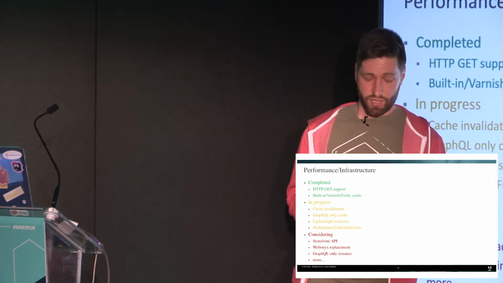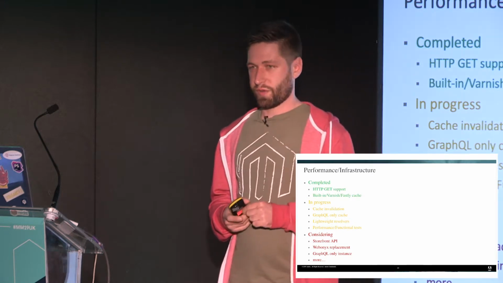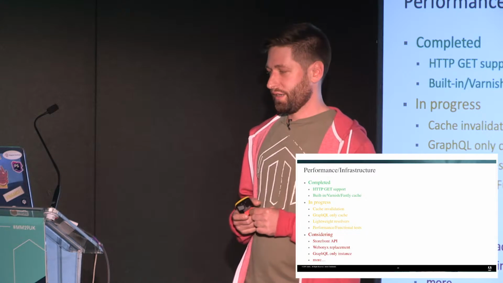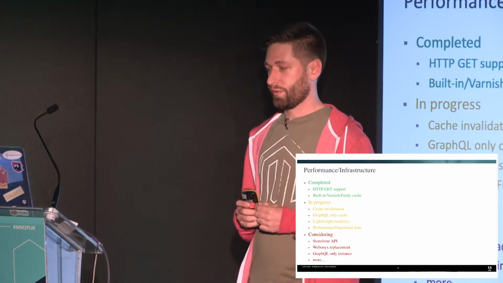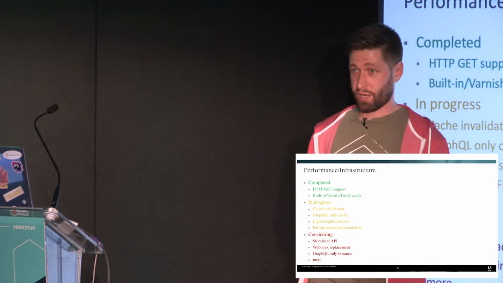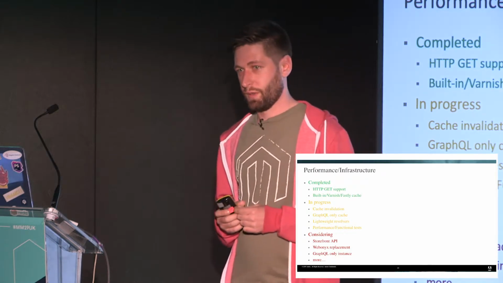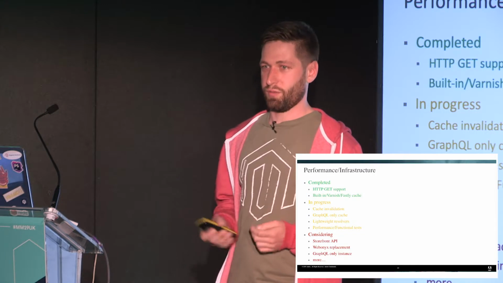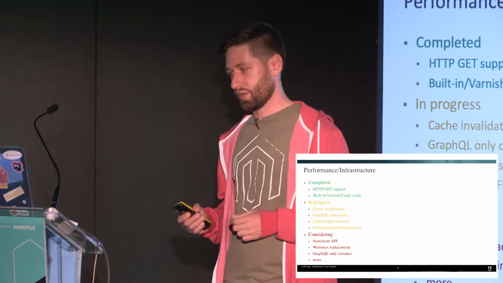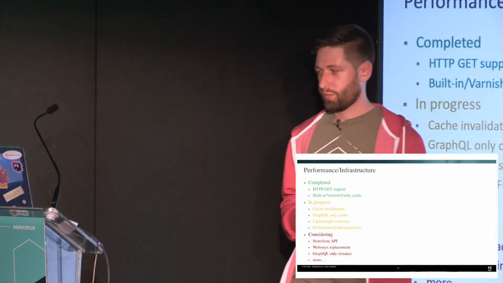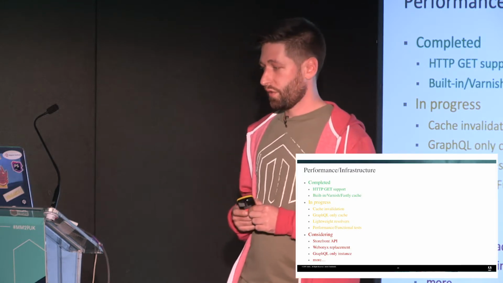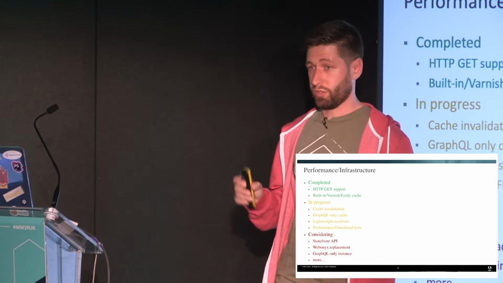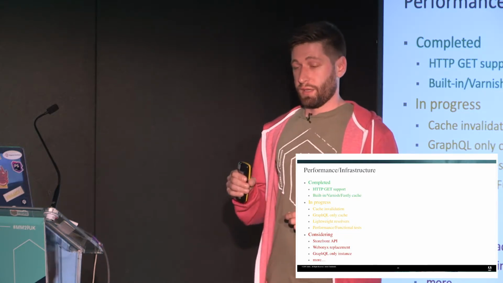Under consideration, if we think even further, the things that are really closely related to GraphQL and that are right now discussed in Magento architecture, and even in the public Magento architecture discussion meeting, are Storefront API, Webonyx replacement, and a GraphQL-only instance, and much more.